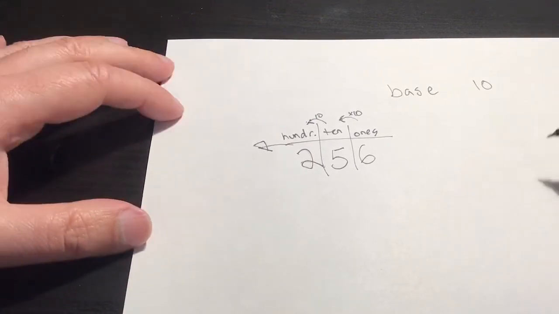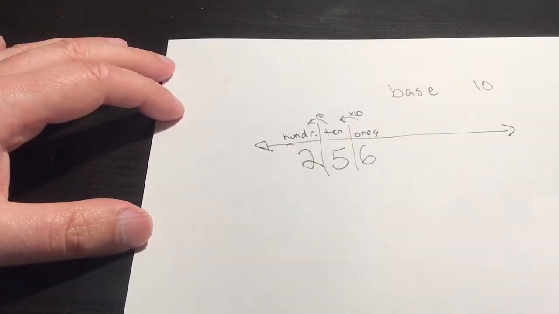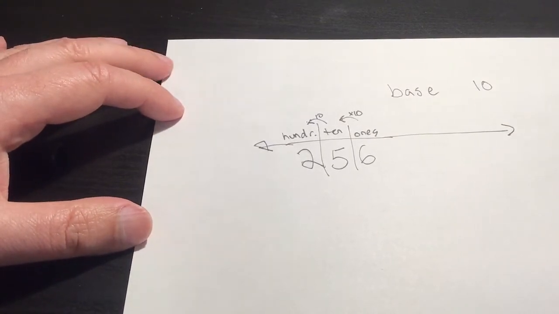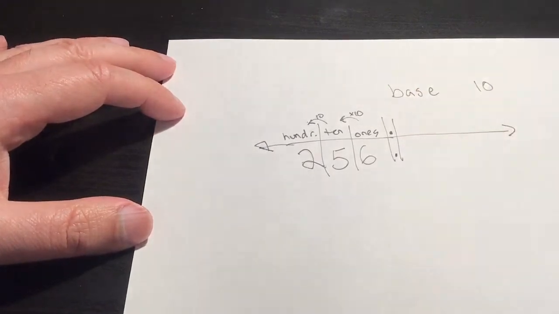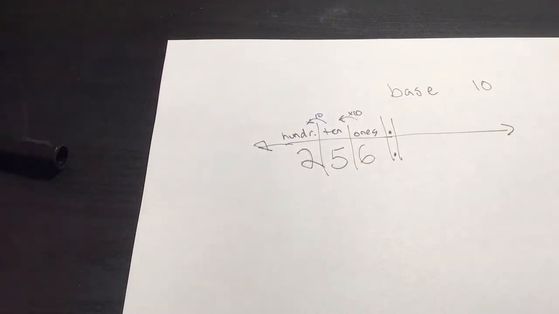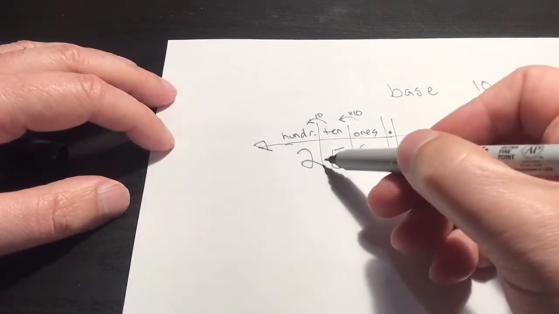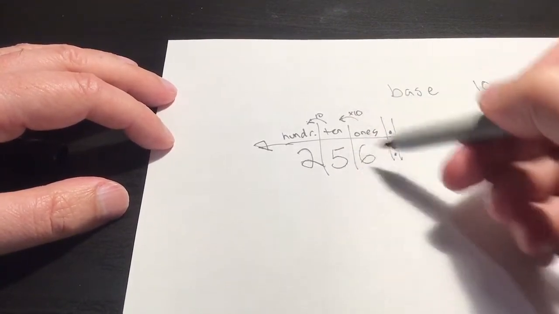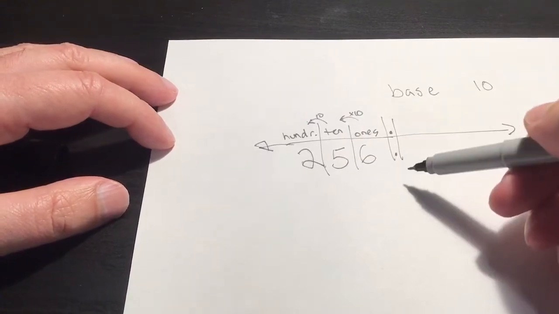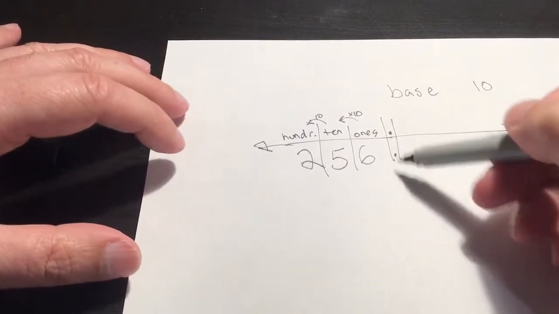It works the same the other way. They also go on forever, but it becomes less useful. This is our decimal point. The decimal point is not just a random point. I can't just put a decimal point here and make it 200.56 ones or something. This is the only place decimals can start. This is where decimals exist.